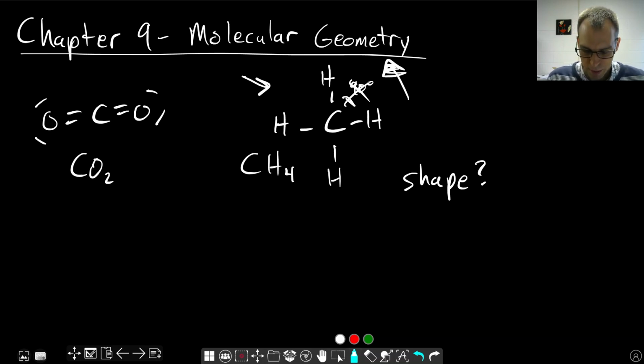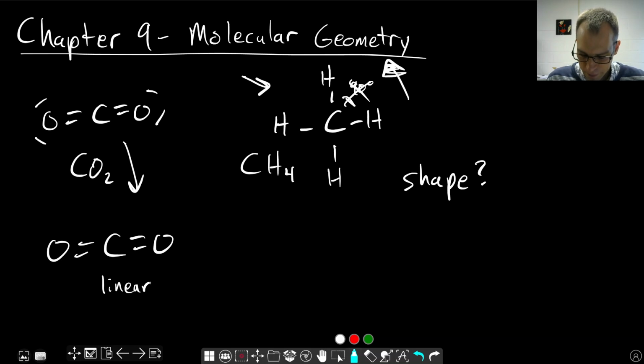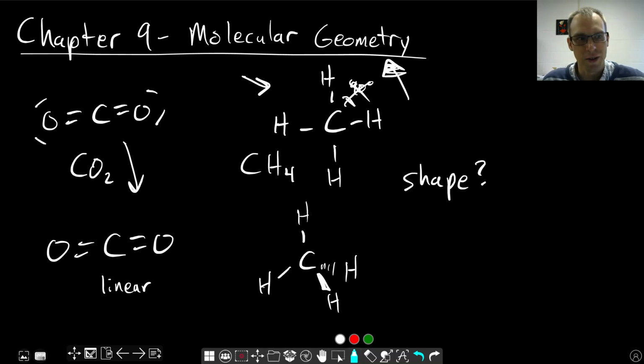What we'll learn is, for example, carbon dioxide does look like this. It is a linear molecule. So if we ignore the lone pairs, right, carbon dioxide is a straight line. This is what we call linear. But CH4, methane, does not look like this. Instead, what we'll find out is that methane looks like this, where I'm trying to draw this on a two-dimensional piece of paper, but of course it's kind of hard to do so.